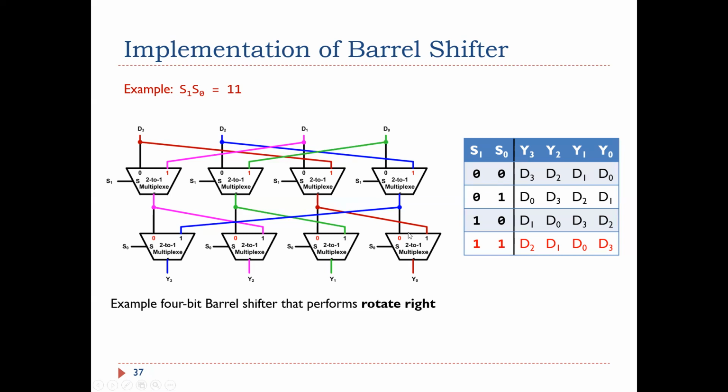In reality, you don't want to design hardware to do only 3 times of rotate right. You would like to do something like 8 times, at least 8-bit rotation. That means you can do up to 256 times left shifting and so on. If you would like to do 256 times, then you can see how many controls you'll have. You'll have 8 different stages here, even for the 4-bit.